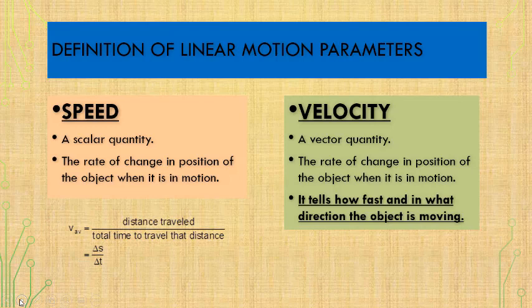The equation for speed, the average speed is given by distance over total time, whereas for velocity, the average velocity is given by displacement over total time.